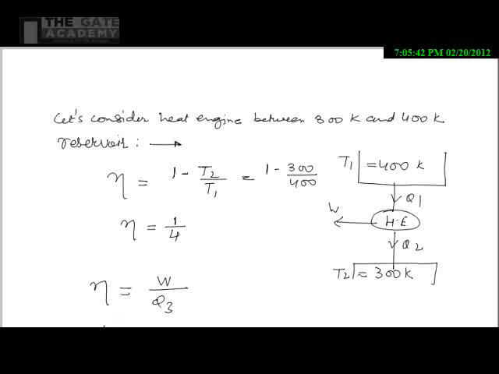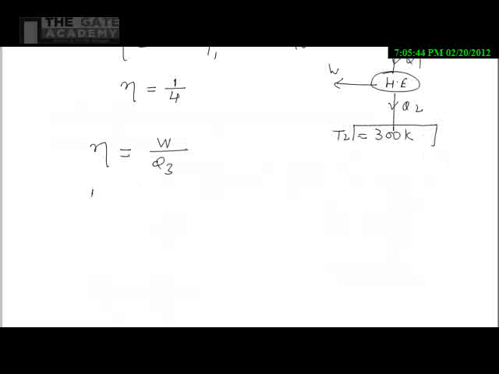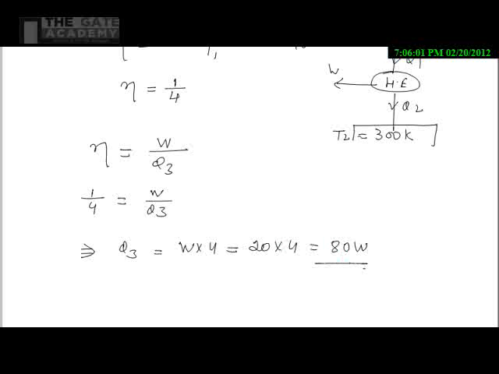So 1 by 4 equals W by Q3. So Q3 equals W into 4. W we have calculated as 20, so 20 into 4 will come 80 watt. So the correct answer is 80 watt. The minimum value of heat required is 80 watt.